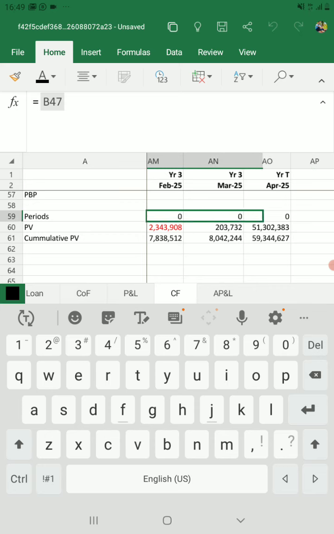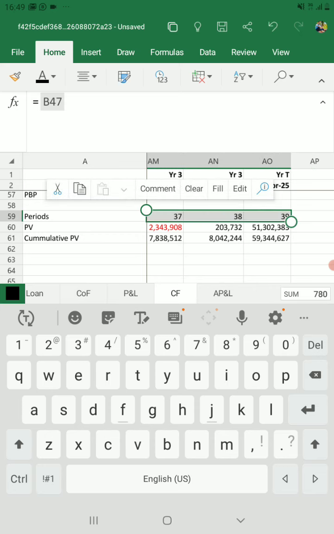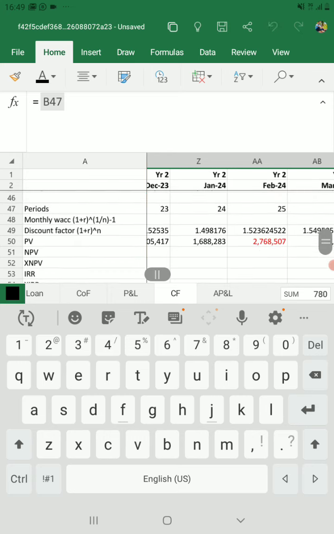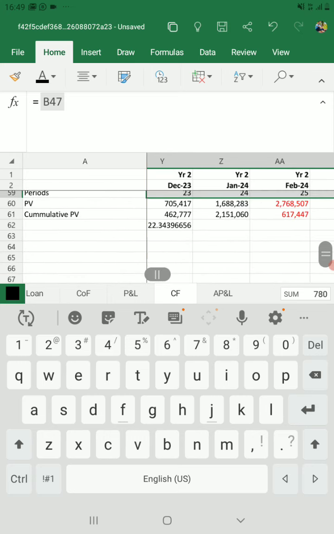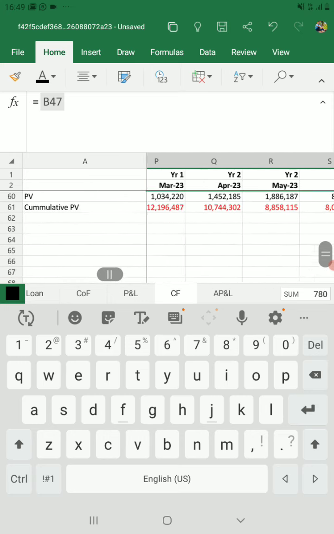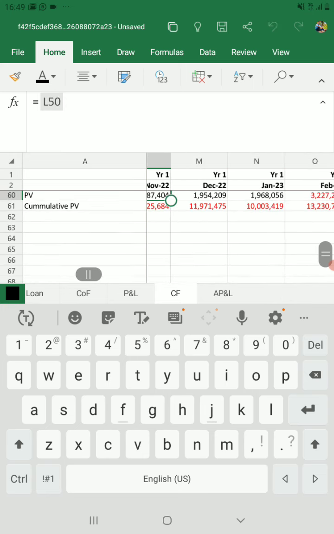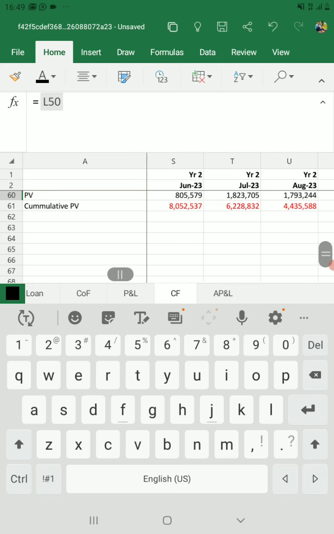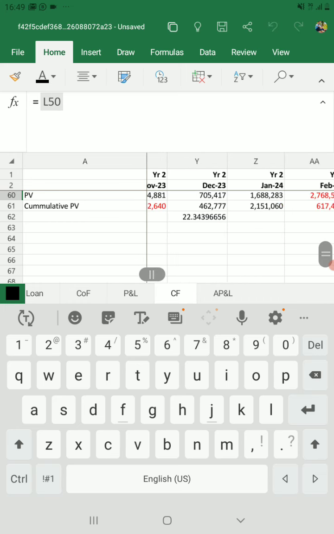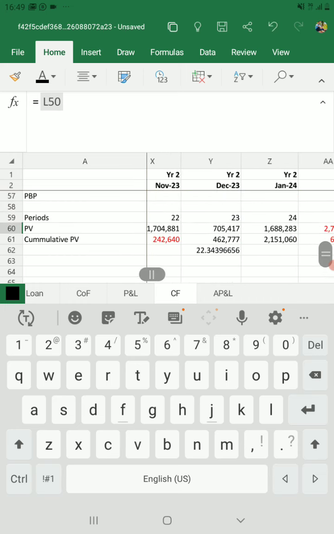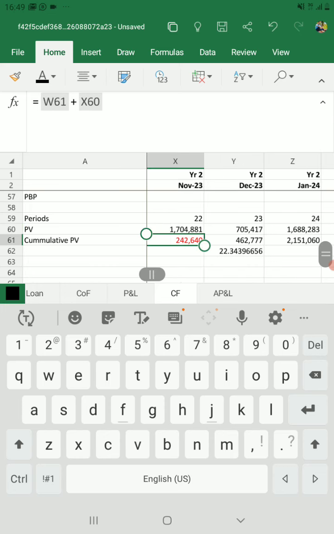So after doing that, now we can check. Our cumulative keeps on being negative until it reaches month 22 here, then it turns out to be positive.